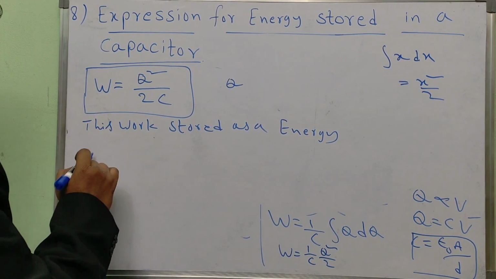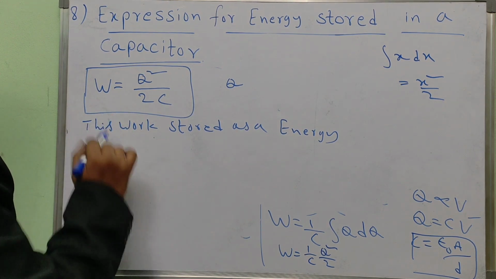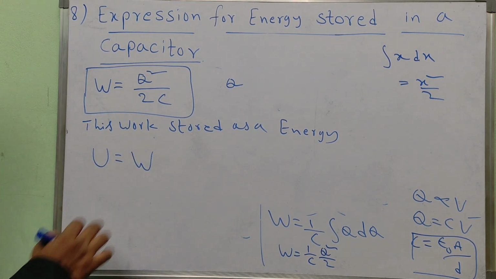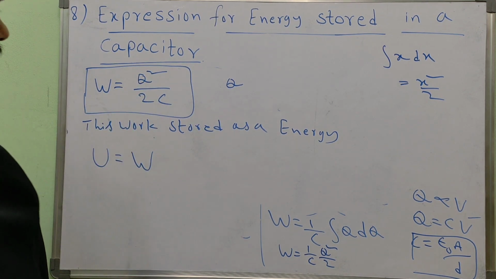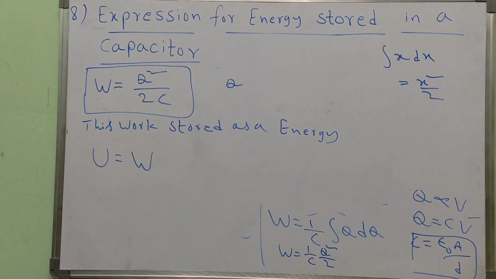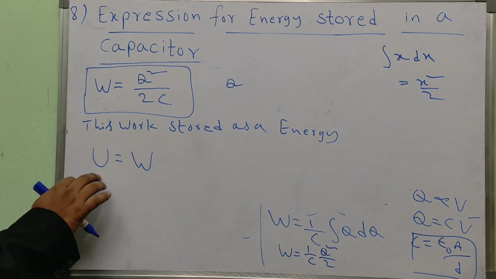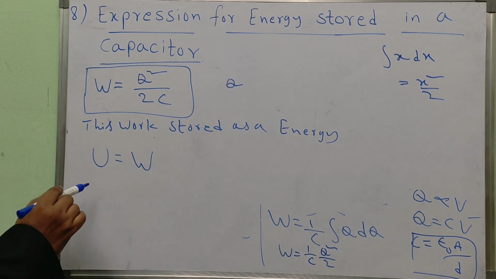Then what is the energy stored in the capacitor? It is equivalent to the work done. This is the total work done to give the charge Q onto the capacitor plate. So that work done is stored as the energy in the capacitor plates.